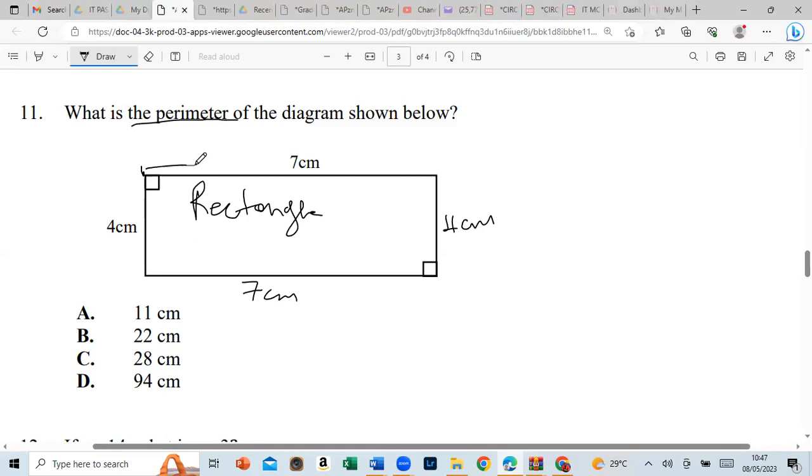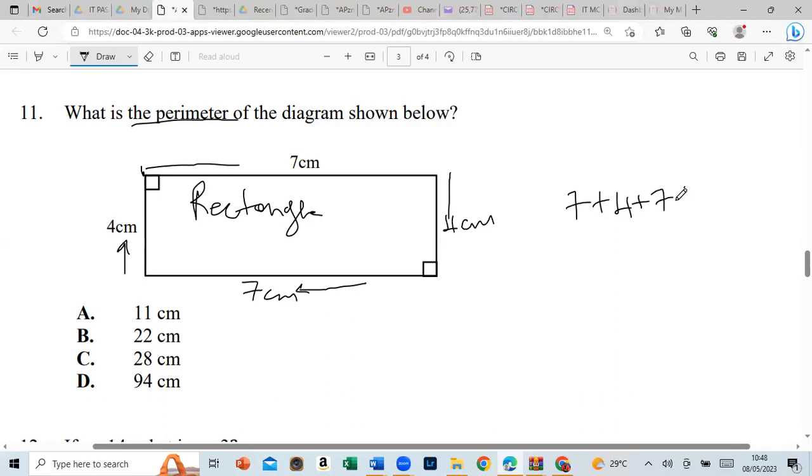So we're going to add all the sides going all the way around, and the total is the perimeter. If you were to walk around it, just like a perimeter fence, we add 7 plus 4 plus 7. We're going all the way around, guys.